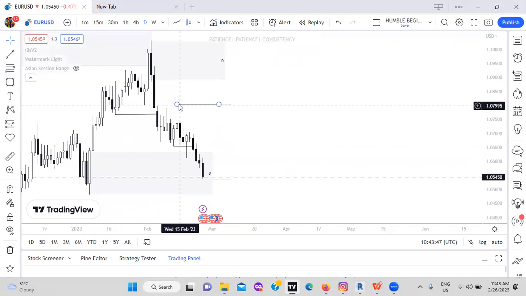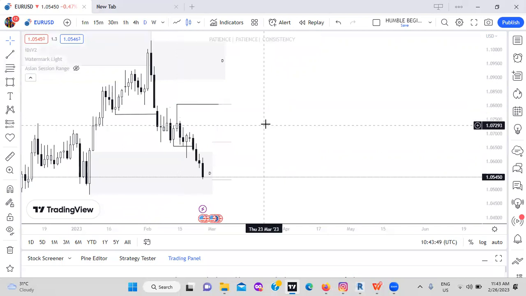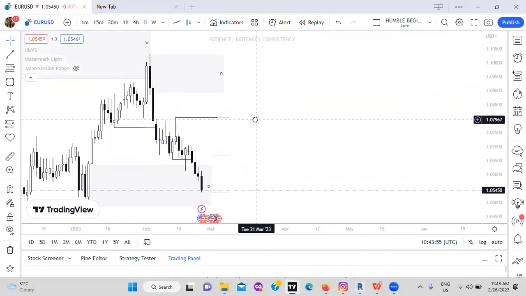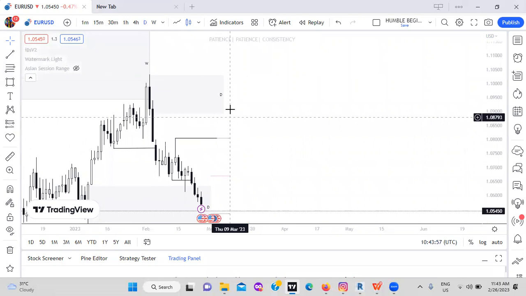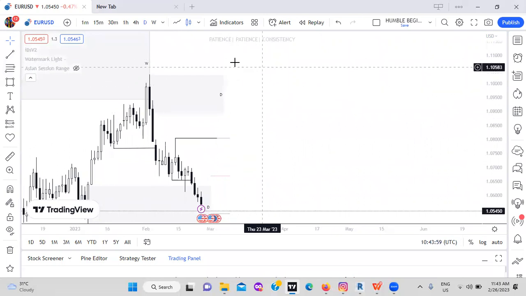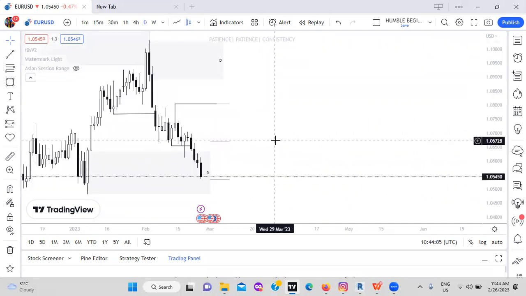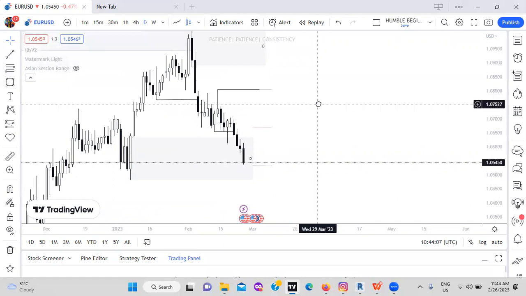However, if price does break above this range, then we have to be really careful and get a bit suspicious, right? Because we could potentially see price then break above our existing strong high.